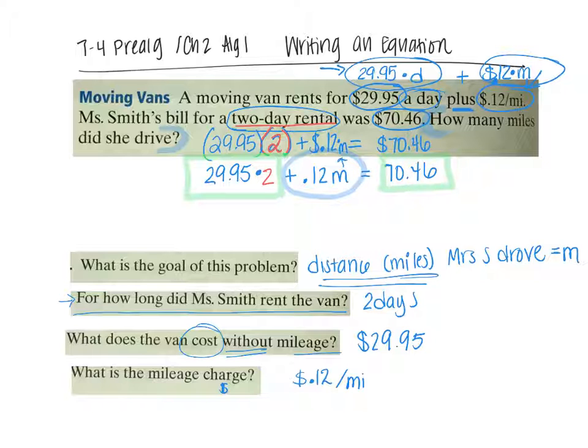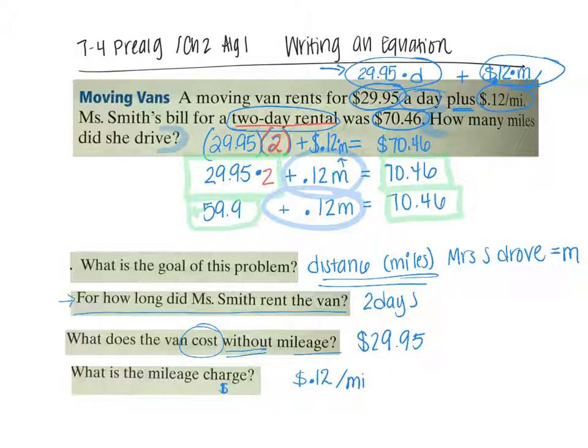So I need to solve what's inside my boxes and get all my boxes on one side. All right, what is 2 times $29.95? Well, that is going to end up being 59.9. And I'm still adding this 0.12 M equals 70.46. Again, I'm going to highlight my boxes. This is a box, and this is a box, and this is my circle. Now remember to put your signs in, so this is positive, and this is positive.